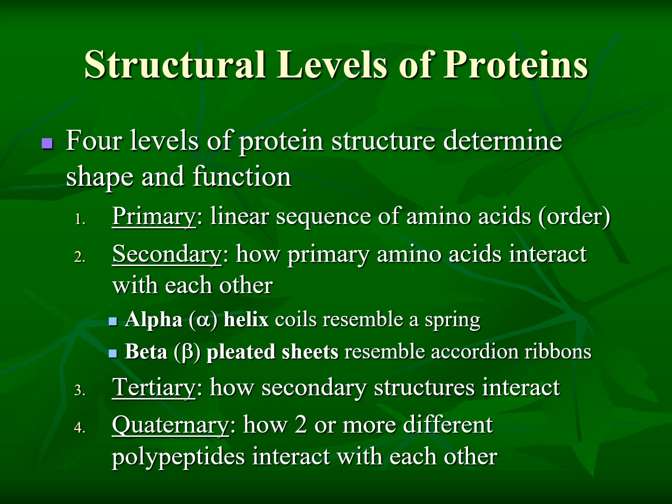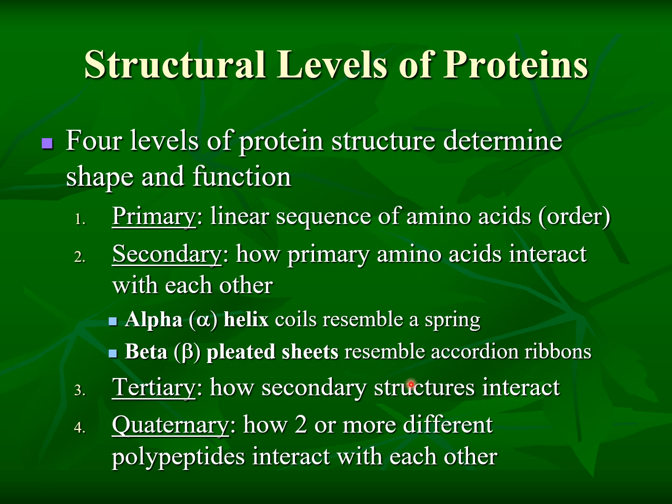What is that sequence of those amino acids? The secondary structure is going to be determined by what the primary structure is. Each one's determined by the previous one. This is where you're having some interactions between some of the amino acids. You may get some regional folding and twisting.